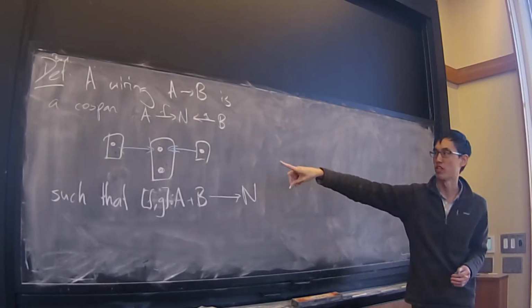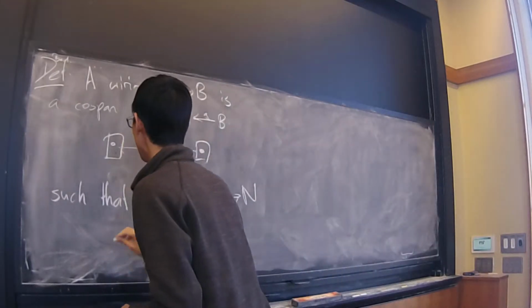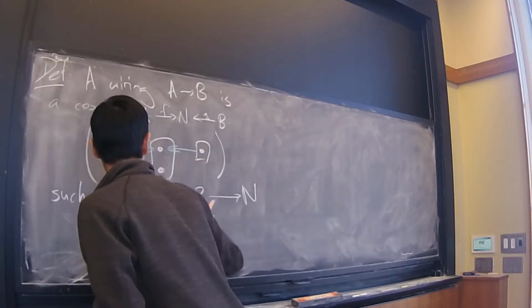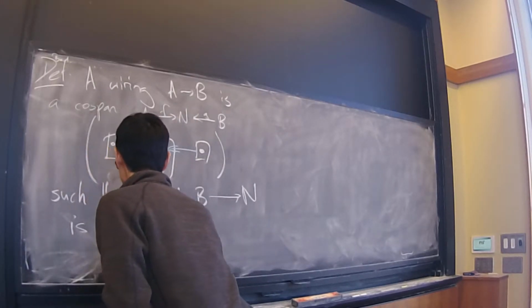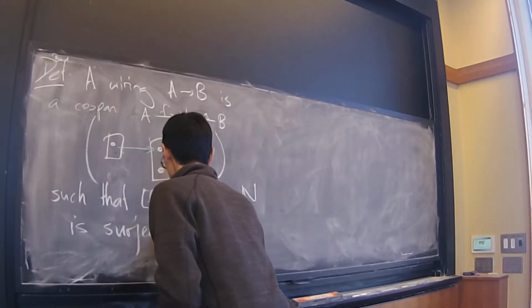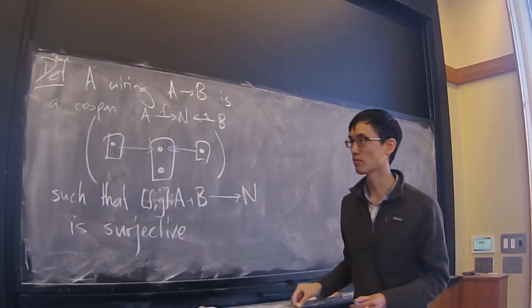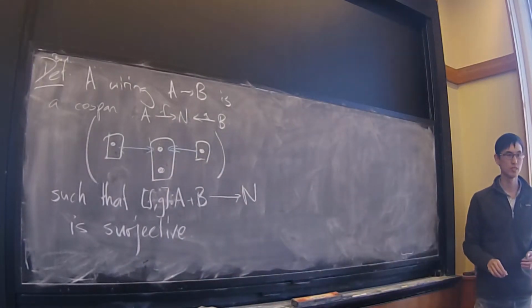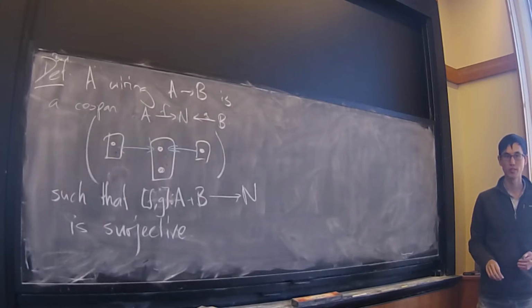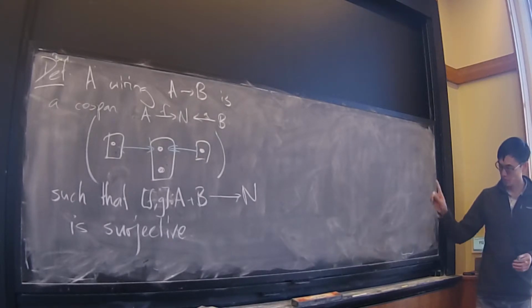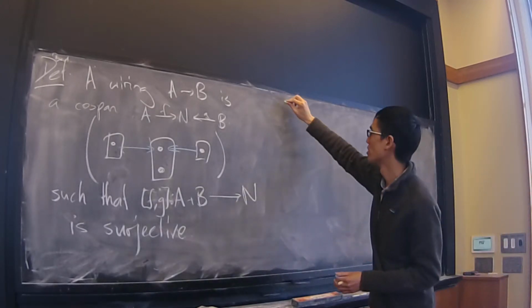So we've got this map, and what I've just said is that this map is surjective. So you want everything in N to be hit by something in A or something in B.